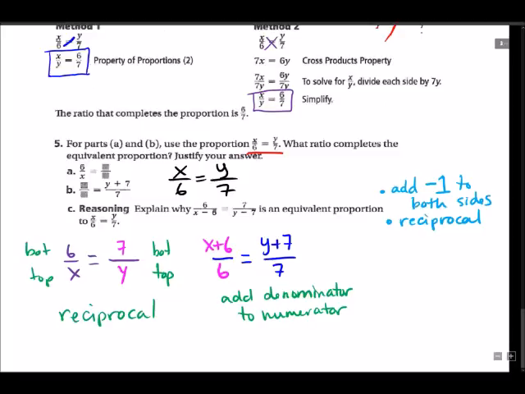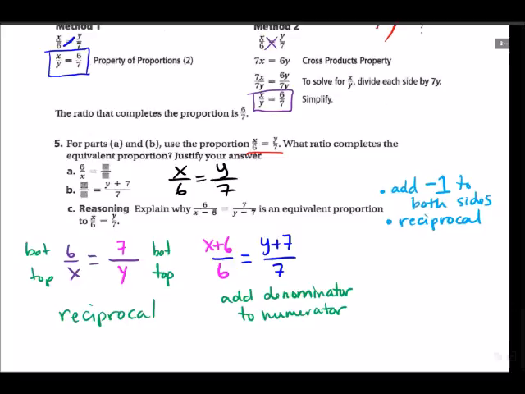So if I flip x and 6, I have to flip y and 7 as well. And then the second one, it says what's equivalent to y plus 7 over 7? Well, what rule do we have that does that? That's adding the denominator to the numerator, right? Y plus 7 over 7. So I'm going to do the same thing to the left side, x plus 6 over 6.